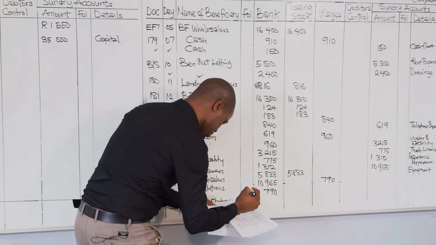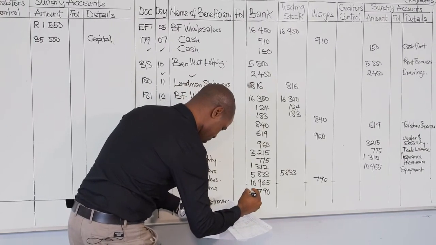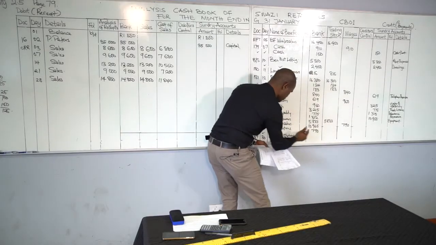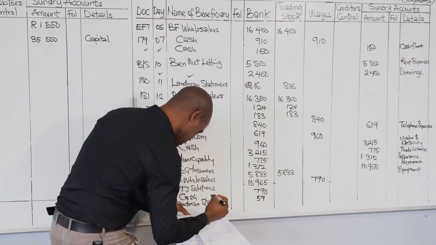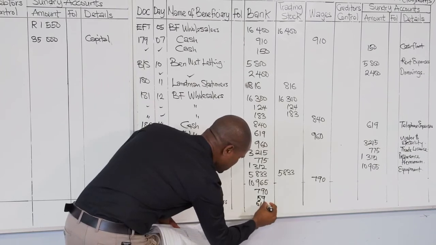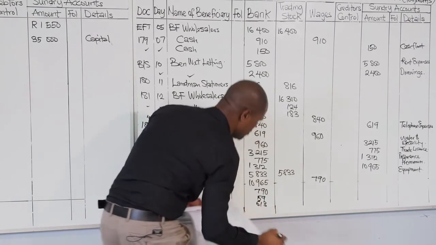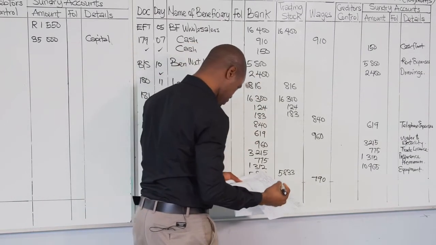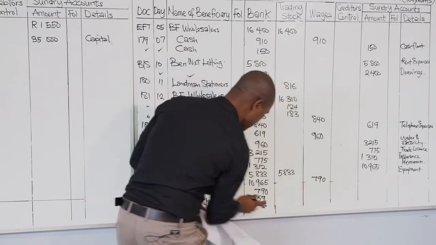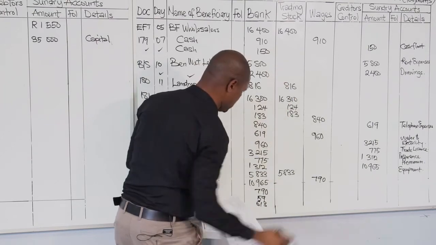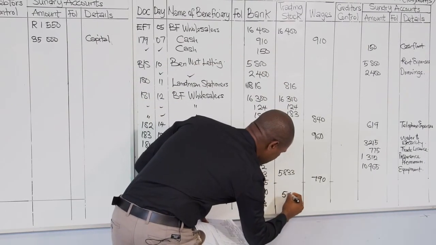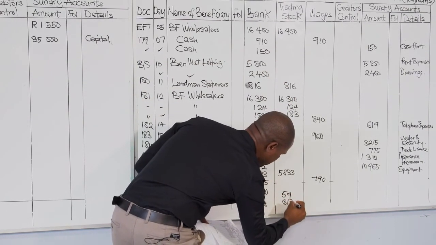The amount, we have two. The first one is 59, and the second one is 163. I put them together because they are stationery. They go into trading stock. 59 rand and 163.